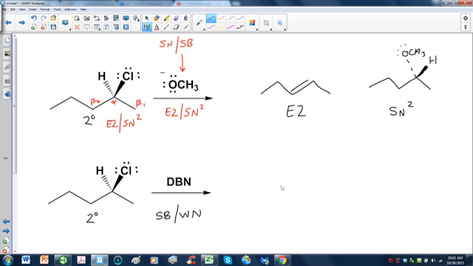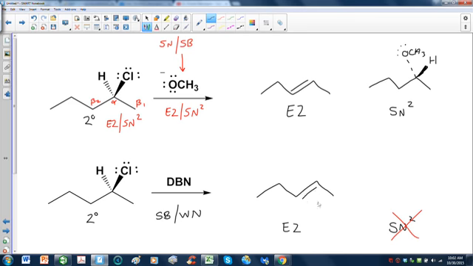Therefore, the SN2 product, let me draw that a bit lower. Because it's such a poor nucleophile, you can take that SN2 product and say, it's not going to happen. With something that's a weak nucleophile, the elimination is going to happen predominantly. We still follow the Zaitsev rule, though, and you'd form the most stable alkene product.